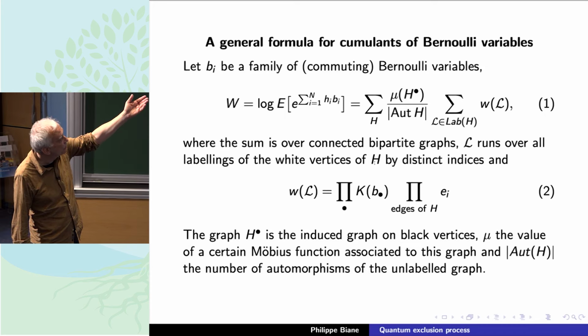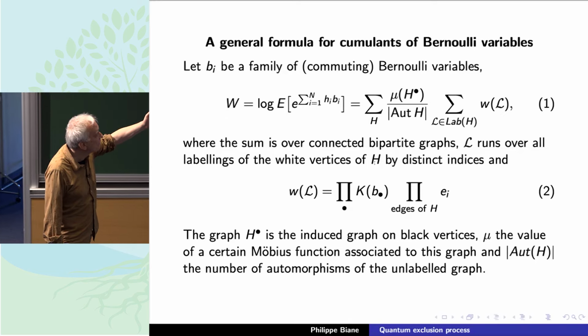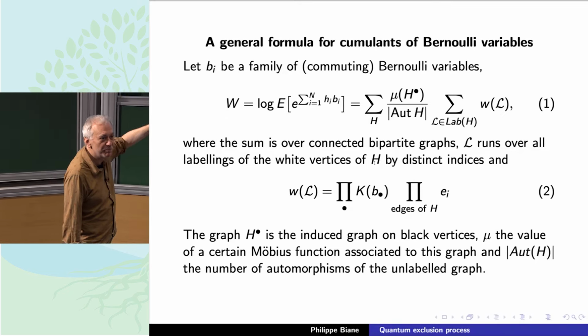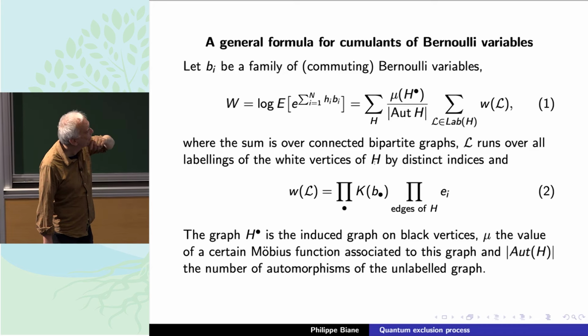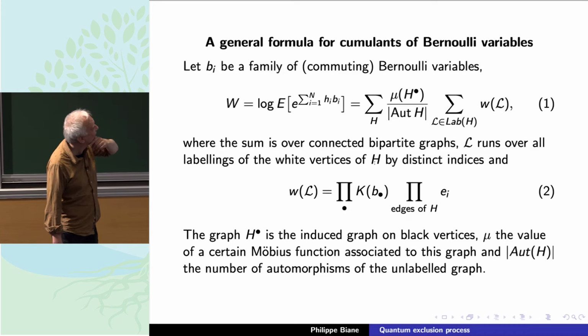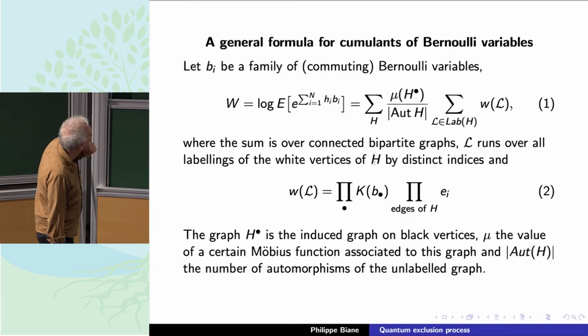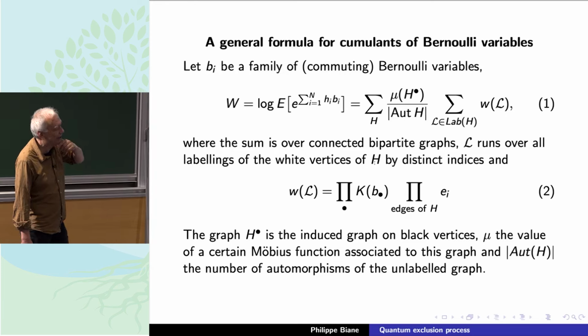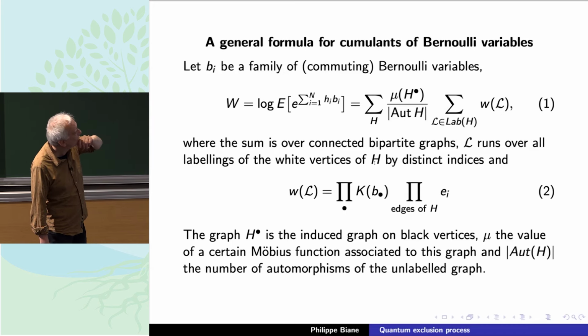If I look at the generating series of the cumulants of the Bernoulli random variables, this can be expressed as a bit complicated sum. It's a combinatorial sum over connected bipartite graphs, and L runs over all labelings of the white vertices of the bipartite graph by distinct indices, and there is a weight to put on each graph.